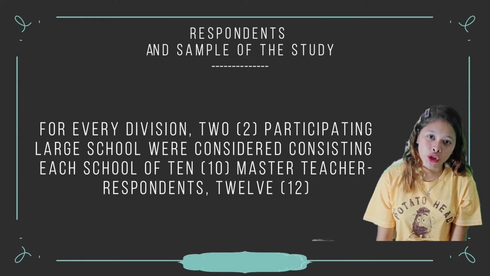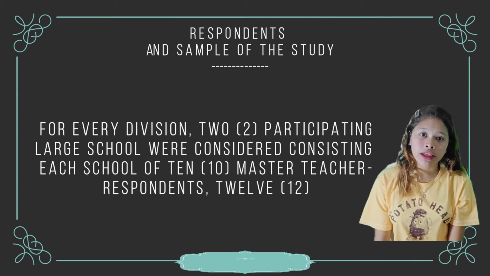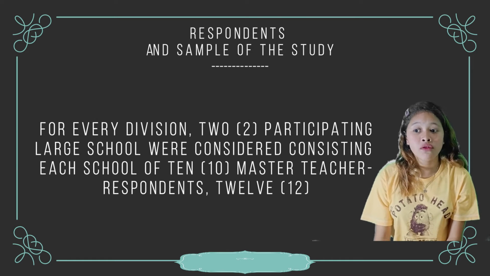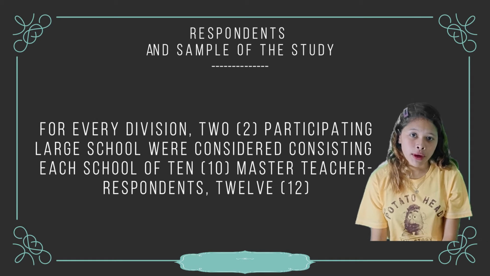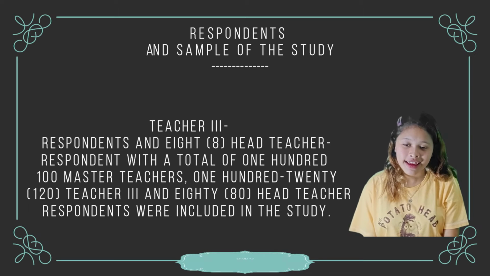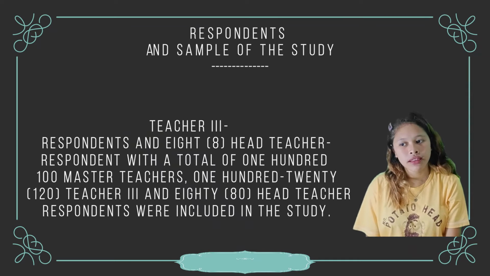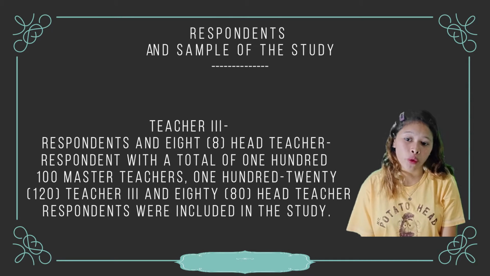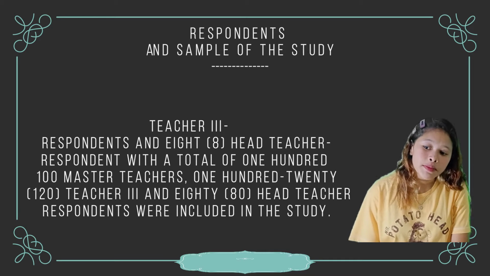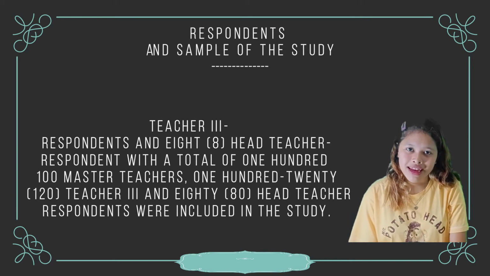For every division, 2 participating large schools were considered, consisting each school of 10 master teacher respondents, 12 Teacher 3 respondents and 8 head teacher respondents, with a total of 100 master teachers, 120 Teacher 3s and 80 head teacher respondents included in the study.